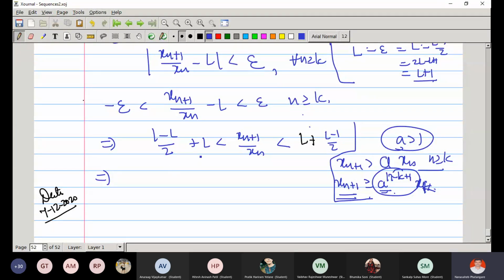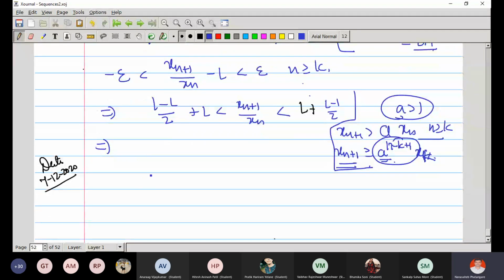Now simplify this. So if we simplify this, what will we get? 1 minus L plus 2L divided by 2 is less than xn plus 1 upon xn is less than 2L plus L minus 1 divided by 2.